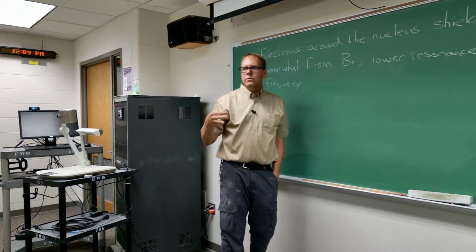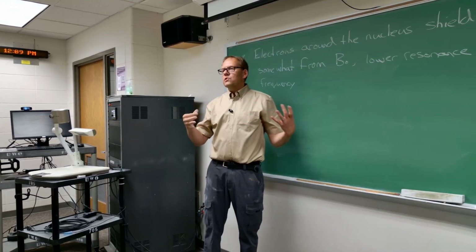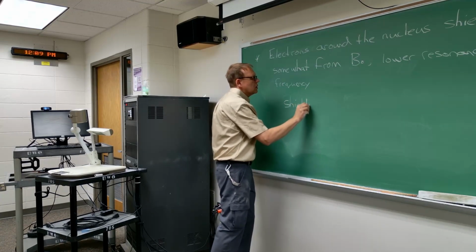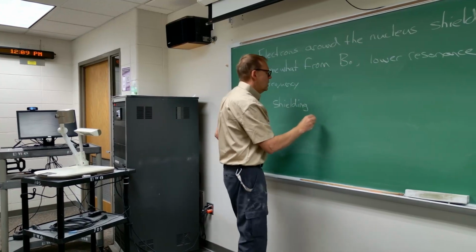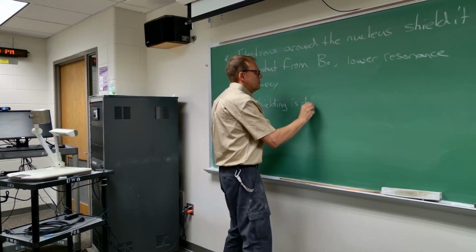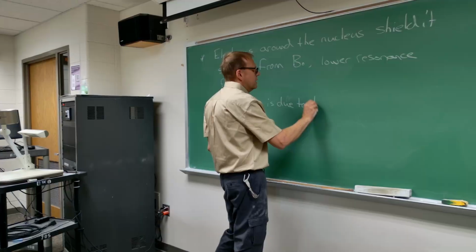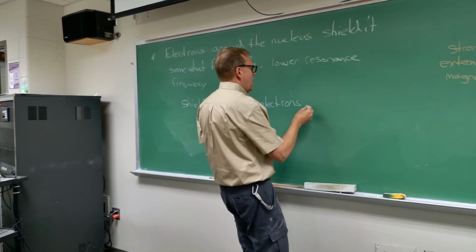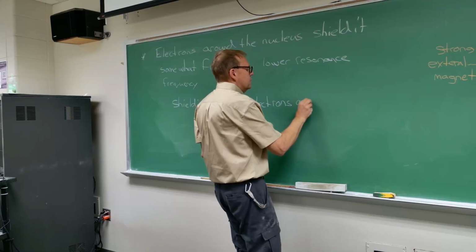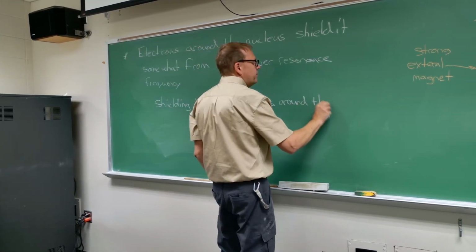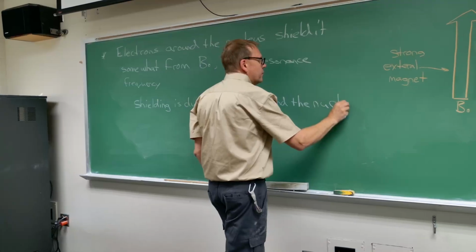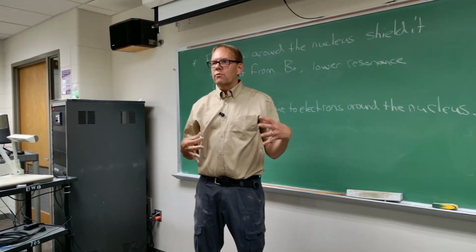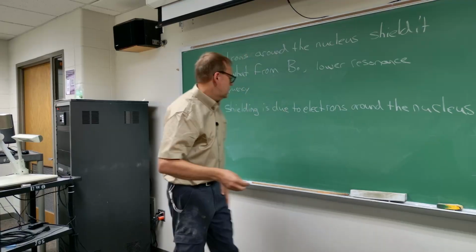So we're going to talk about two concepts, or maybe I should say terms. Shielding is due to electrons around the nucleus. If you're a proton in a very electron-rich environment, you have a lot of shielding.